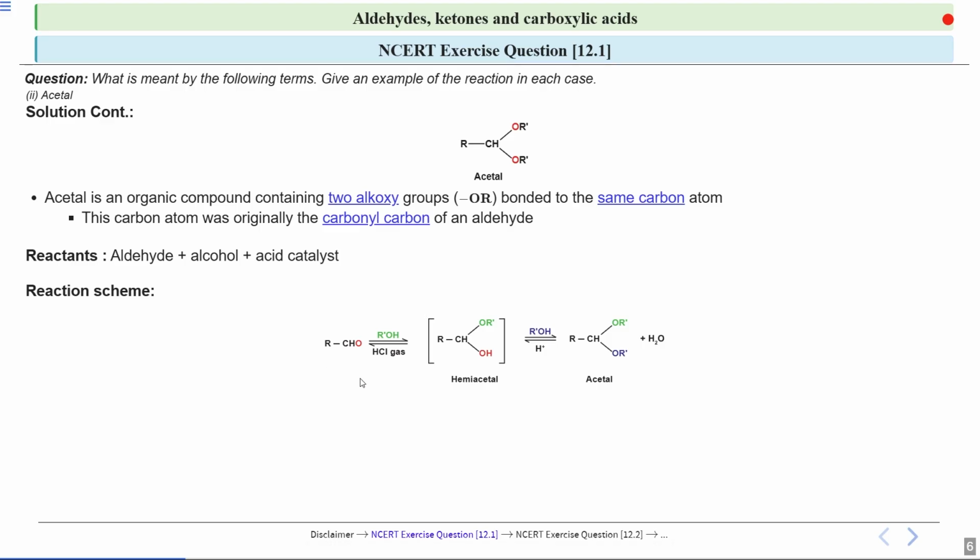Starting with an aldehyde, when it reacts with one molecule of alcohol in the presence of acid catalyst, you get a hemiacetal. In a hemiacetal, one OR group, that is one alkoxy group, and one hydroxy group are attached to the same carbon. Further, when this hemiacetal reacts with another molecule of alcohol in the presence of acid catalyst, you get an acetal. In an acetal, two alkoxy groups are attached to the same carbon and water is released as a byproduct.